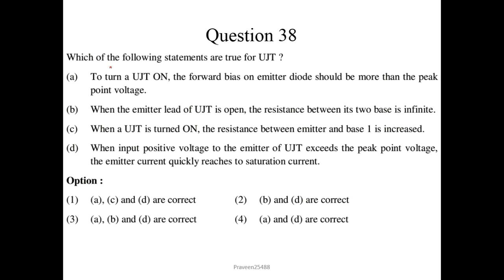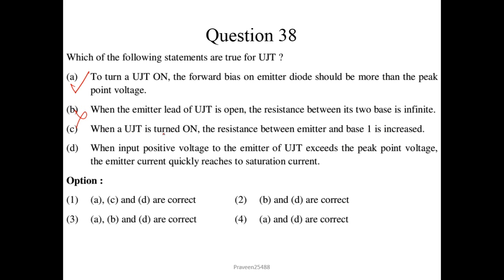Question number 38. Which of the following statements are true for UJT, unijunction transistor? To turn a UJT on, the forward bias on emitter diode should be more than the peak point voltage. So here this statement is correct. When the emitter lead of UJT is open, the resistance between its two base is infinite.